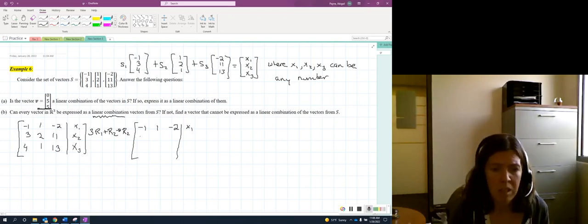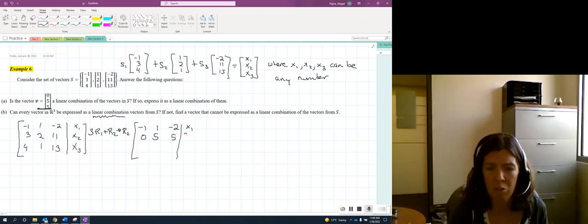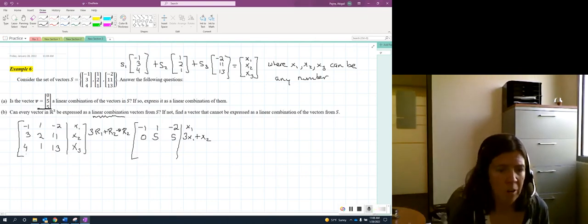And then do 3 times row 1 plus row 2. So that'll be -3 plus 3, 3 plus 2. This is the same computation from the previous video, I know. -6 plus 11. Okay, but here's what's different. Now, this constant column, we have 3x1 plus x2. Now, I want to get a 0 in this bottom row on the left side as well.